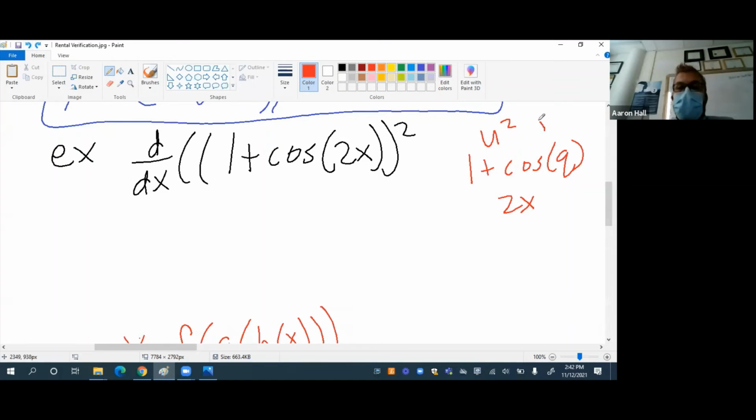So we're going to start, Emma, with u squared. What's the derivative using the power rule? What's the derivative of u squared?